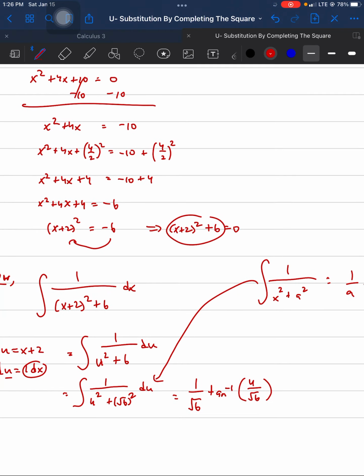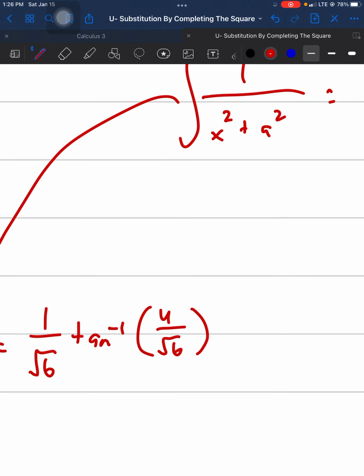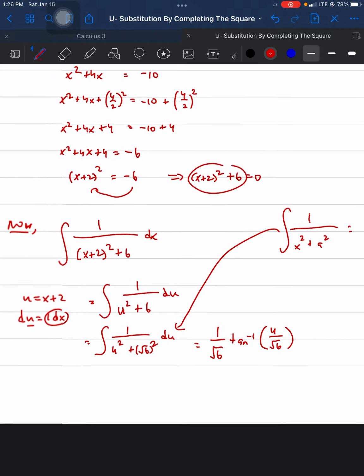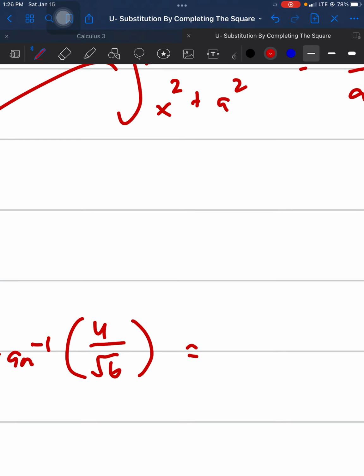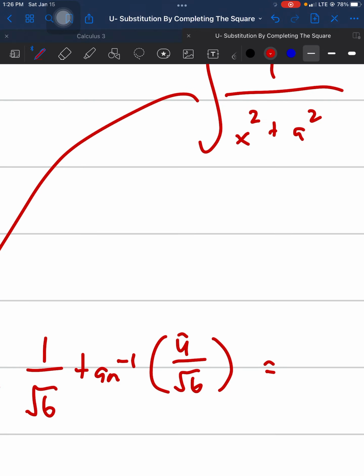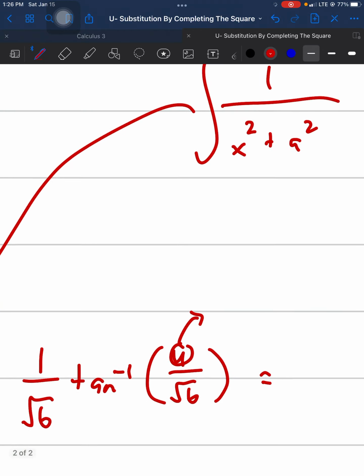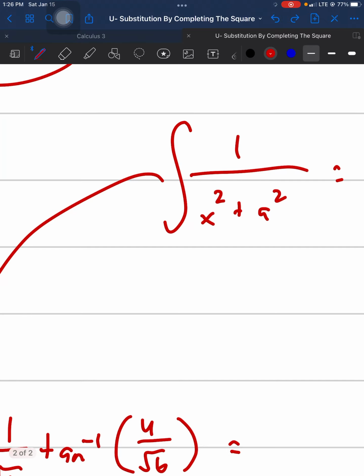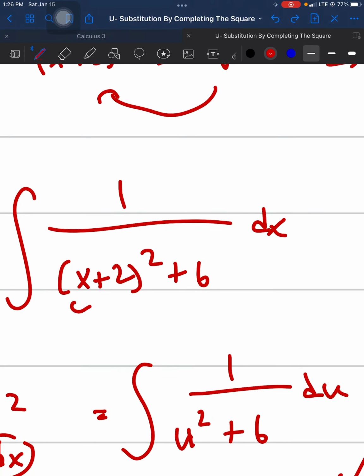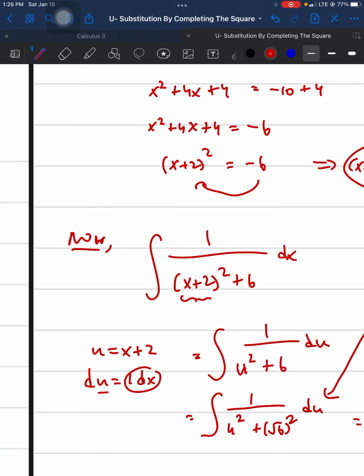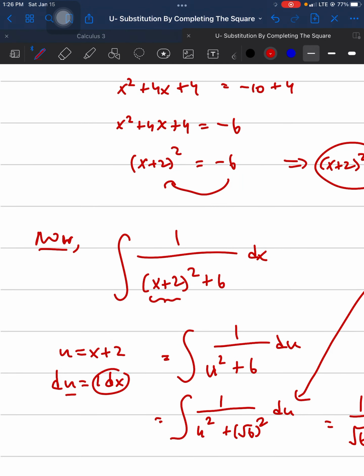But you see that we want to switch back to terms of x. So in order to switch back to terms of x, we just substitute whatever we substituted for u back to x. So we know we substituted x plus 2 for u.